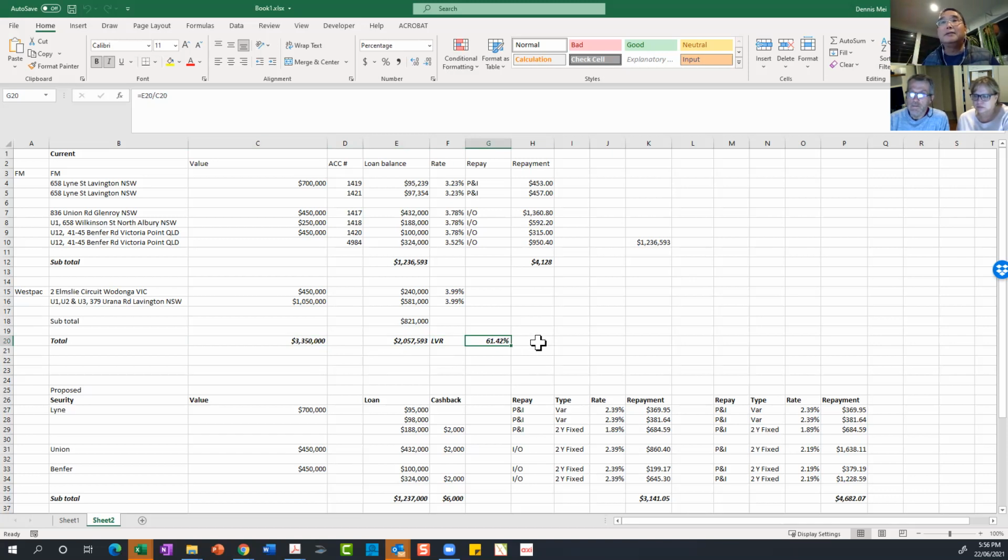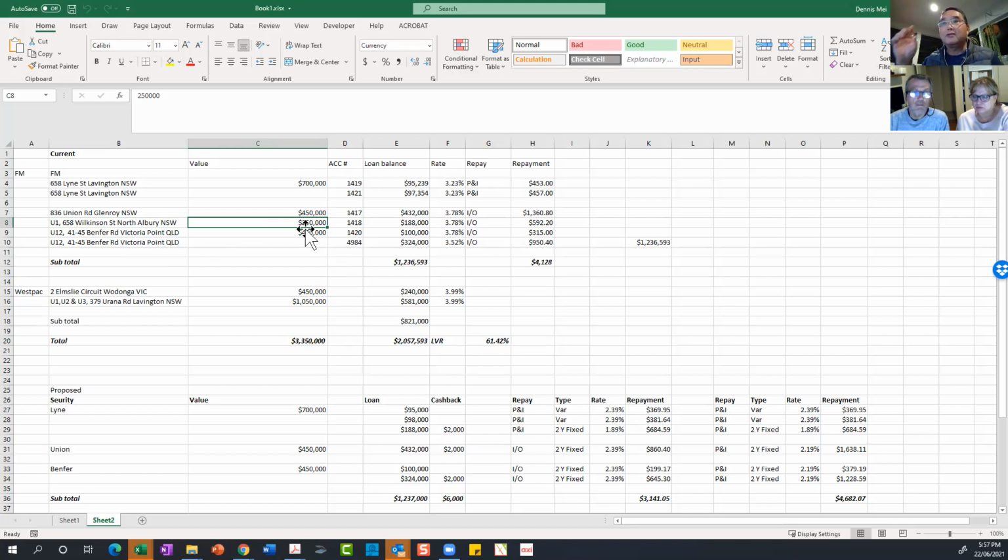However, if these numbers stack up, we don't need Wilkinson Street as a security. That $250,000 property, we don't need it.